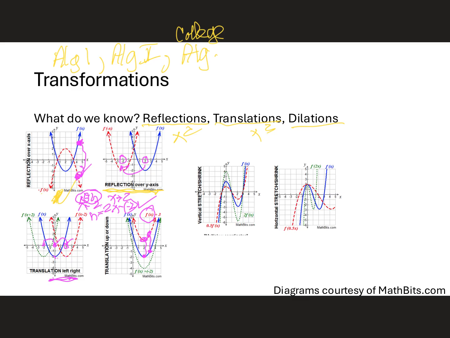Now, then we come to dilations, and dilations are basically like reflections in that we're multiplying the function either on the outside or the inside of the function. And if you multiply on the outside, you affect the y values, so you're stretching it.